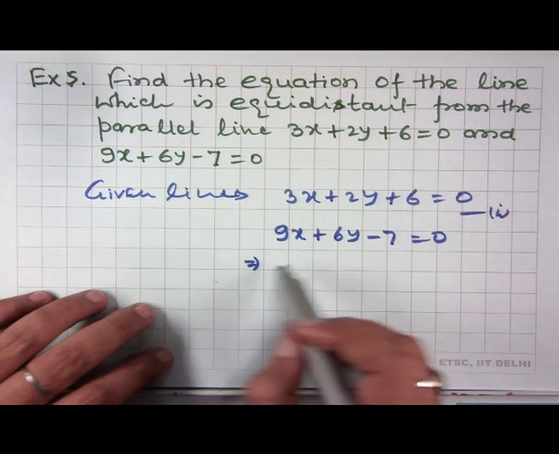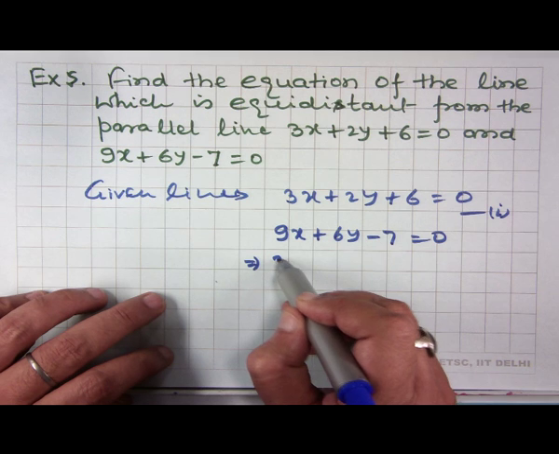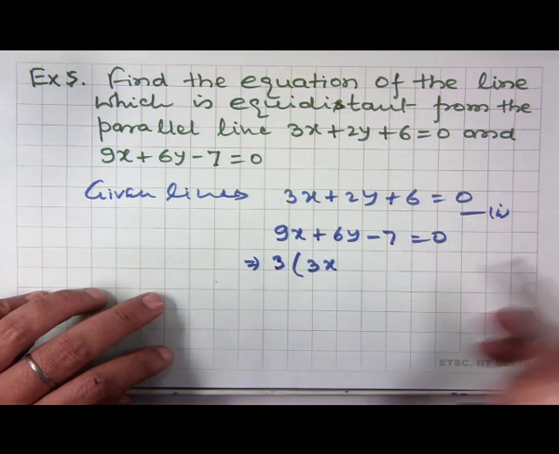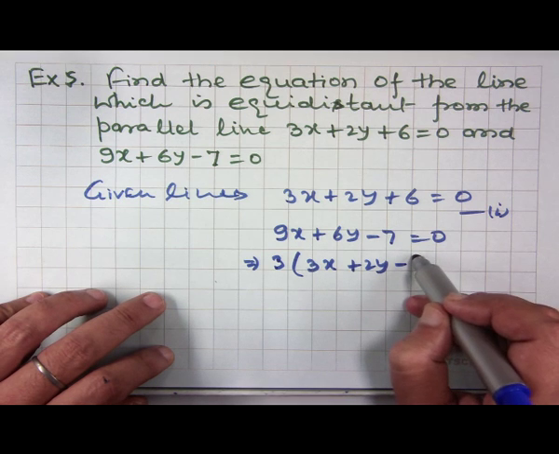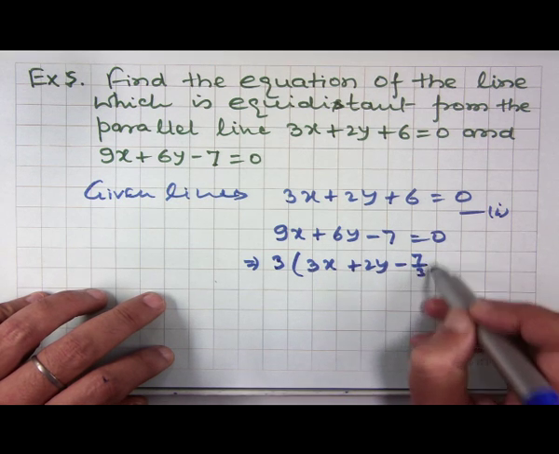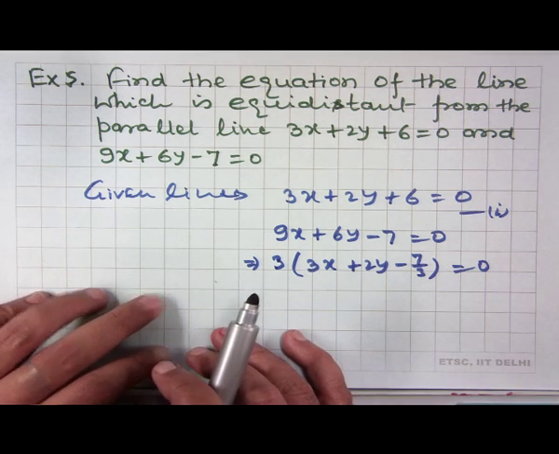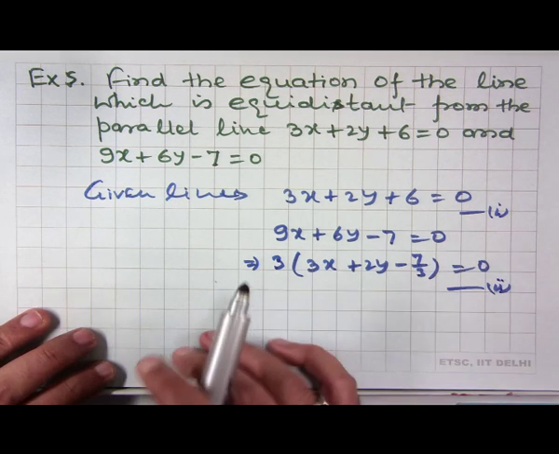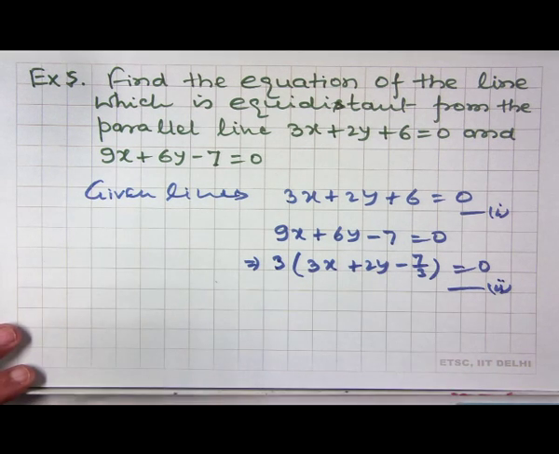So take 3 common: 3x plus 2y minus 7 by 3 equal to 0. In the first and second lines, the coefficients of x and y are equal. So these two lines are parallel lines.